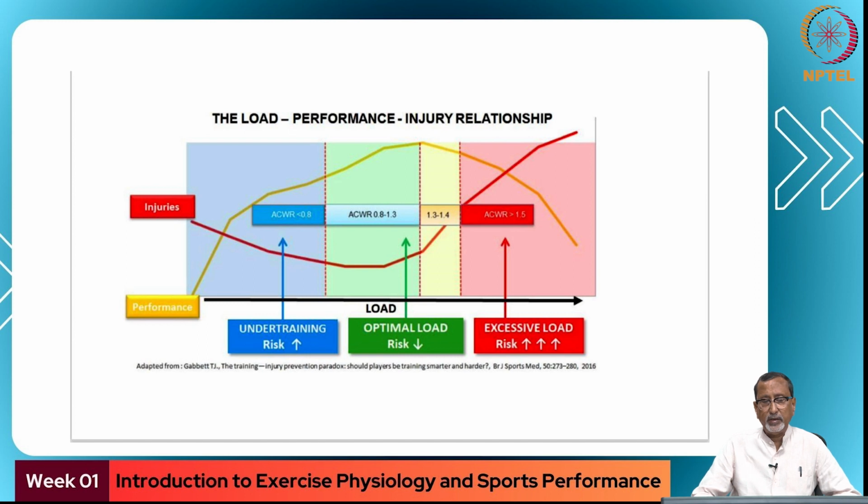Load is designated through the acute to chronic workload ratio. If it is less than 0.8, it is under load and the risk is very minimum. When you are going for overload, the ratio can go from 0.8 to 1.3. It is a moderate load, and this yellow line is a very dangerous line.